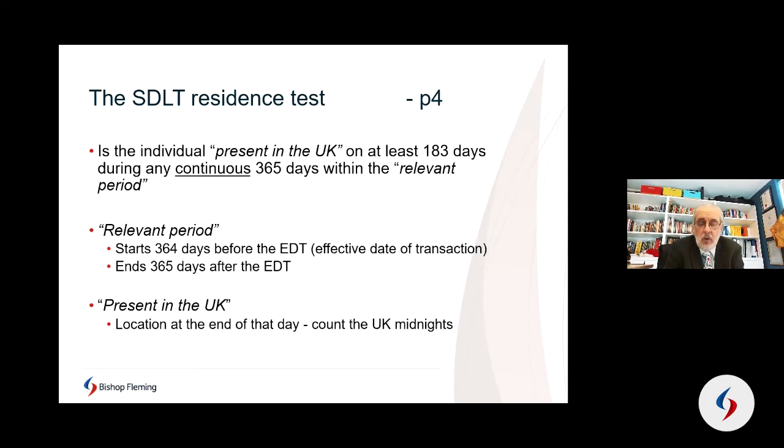So we've got a 2-year window, 1 year either side of the purchase, and we ask whether they were present in the UK for 6 months within any single continuous 365 days within that period. So they could be resident on the day of purchase if they were present for 6 months of the year beforehand. They may not be, but they can earn it afterwards. And there we get into our issue of later refunds if the status changes.